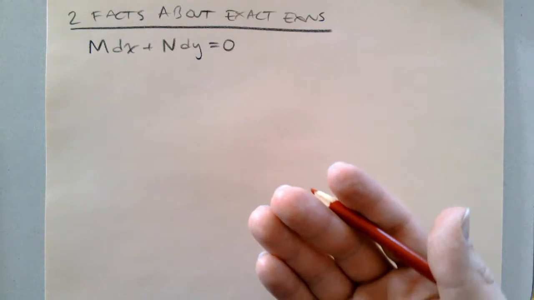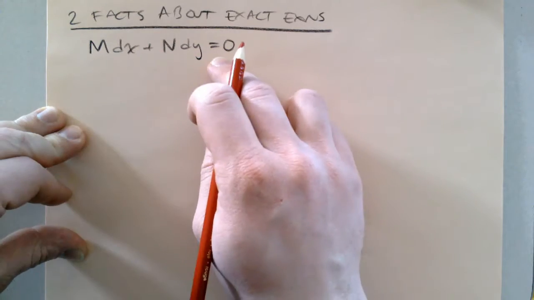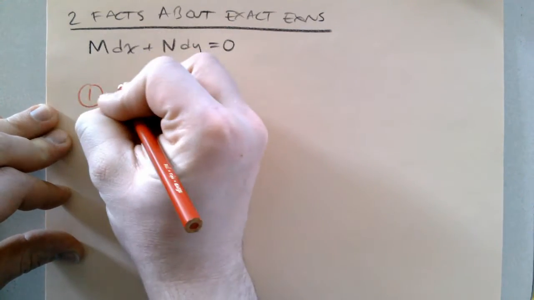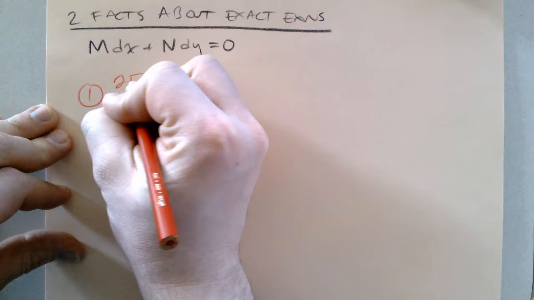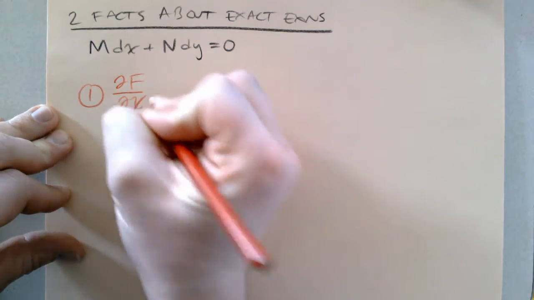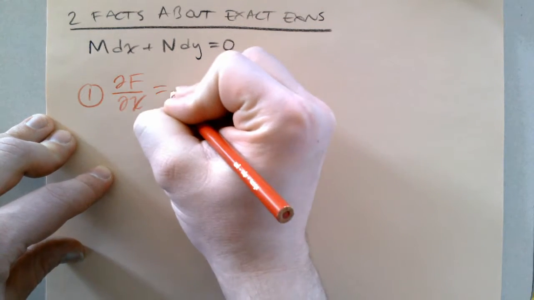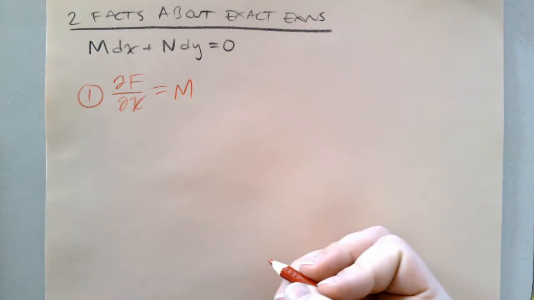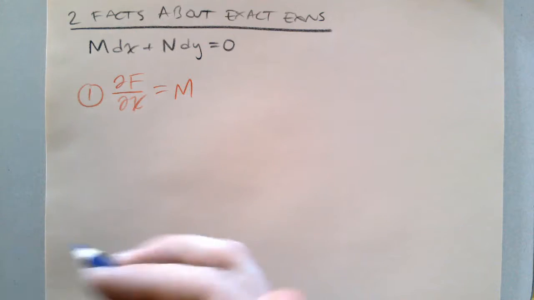So the first of these two facts we have about an exact equation is that the partial derivative of some function f with respect to x will be equal to our first function M. And our second fact is really similar.